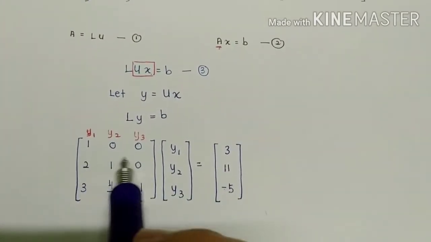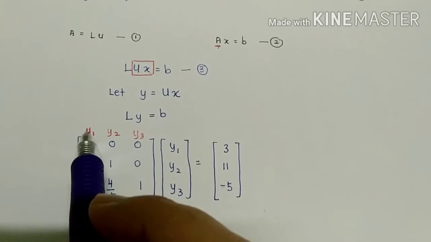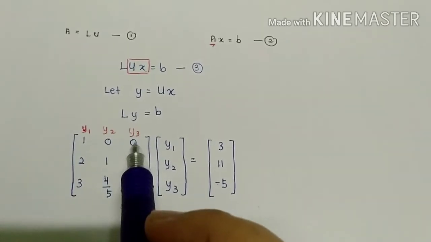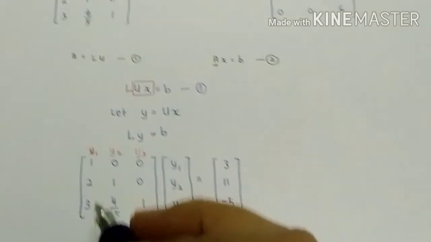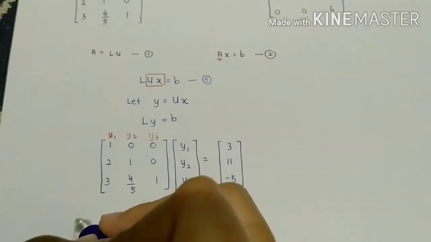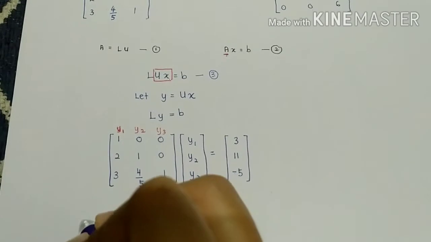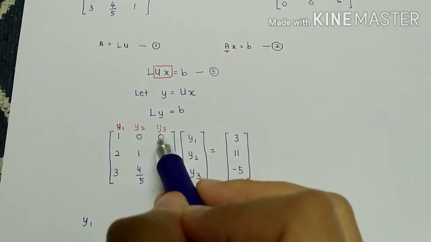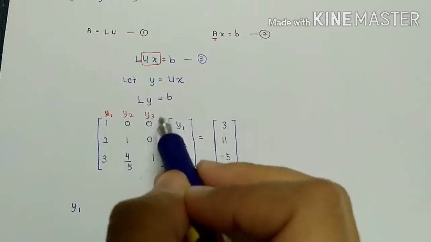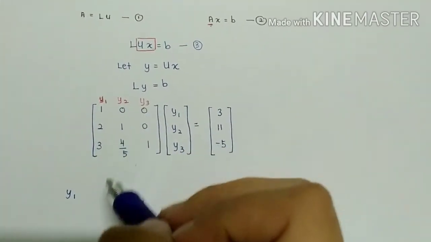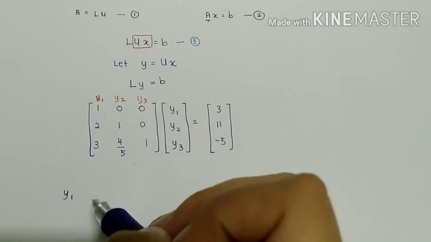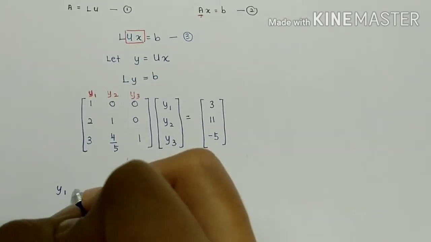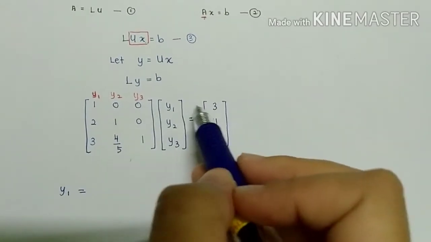So for the first row, we have 1 Y1 plus 0 Y2 plus 0 Y3. We can write 1 Y1, and these two zero terms we don't have to write. So we just write Y1 equals 3.